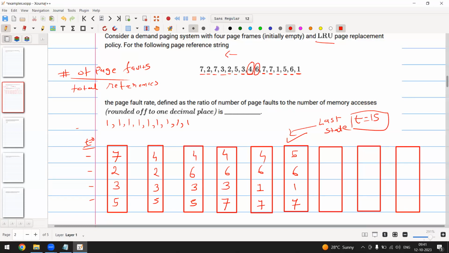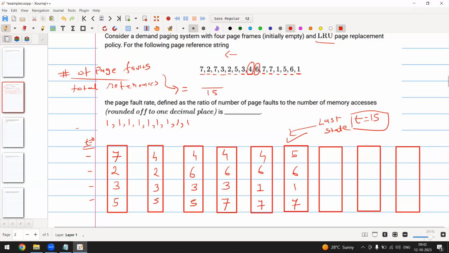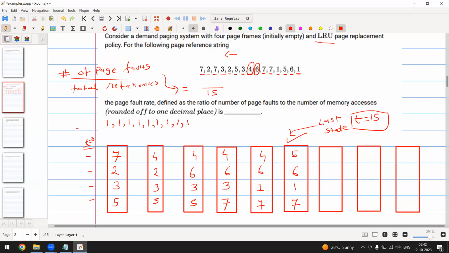And now I have to count the number of page faults. As per this formula, how many page faults I encountered totally, divided by 15, because 15 is the total number of references.